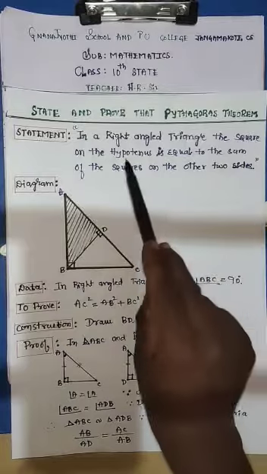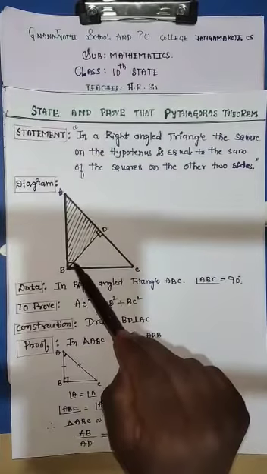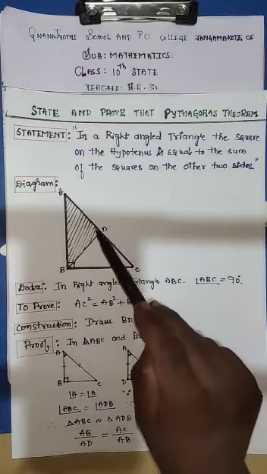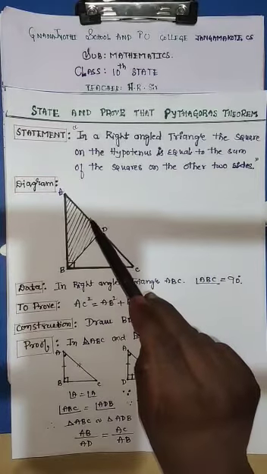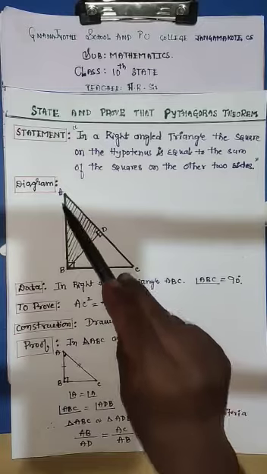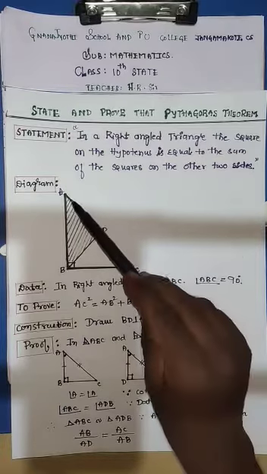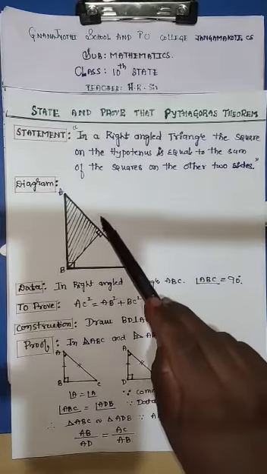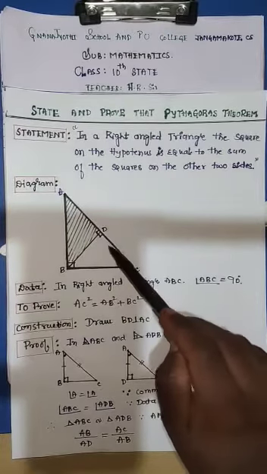The square on the hypotenuse. We know that the longest side of a right angle triangle is called the hypotenuse. Here the longest side of the given triangle ABC is AC, so AC is the hypotenuse.